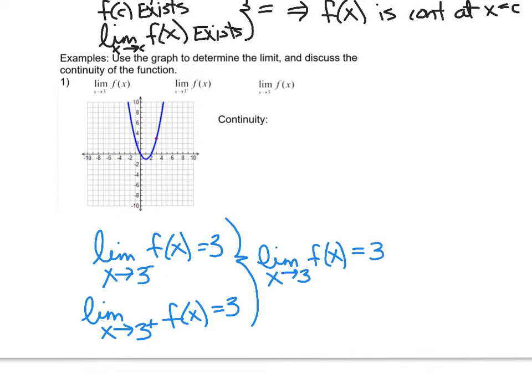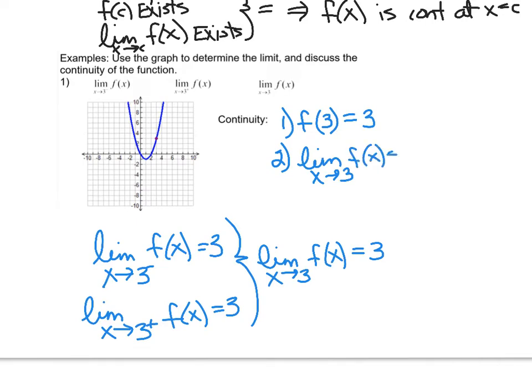So our 3 parts to our continuity definition. Part number 1, let's look at the function value at 3. Again, at this parabola, I see that the function value at 3 is equal to 3. The second thing, I refer to that limit that we just found, the limit as x approaches 3 of f of x.